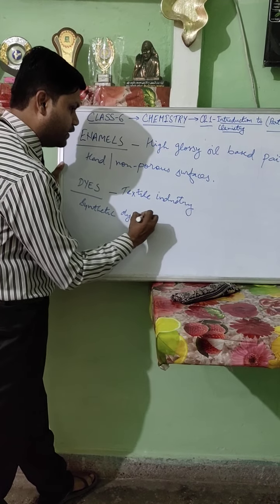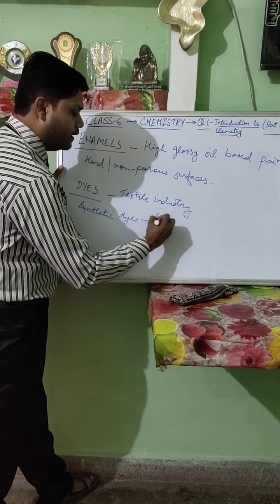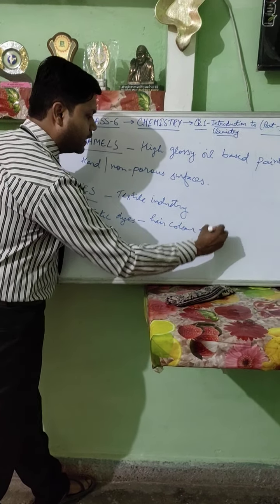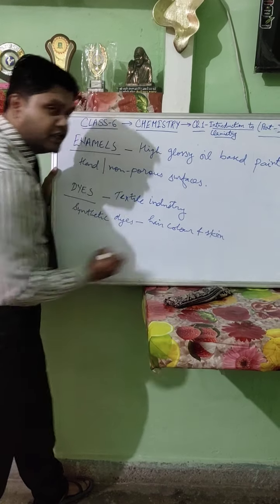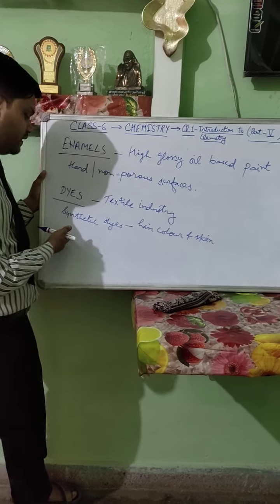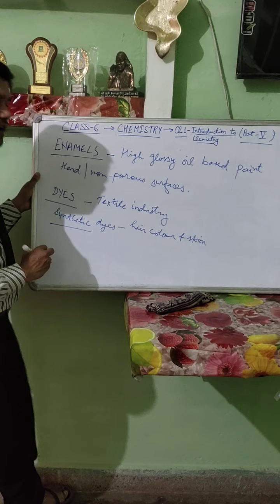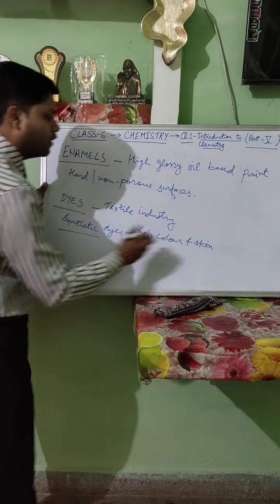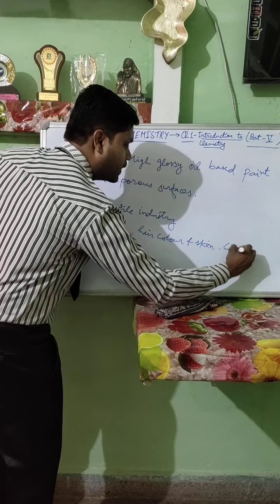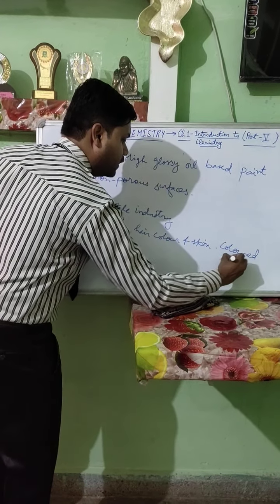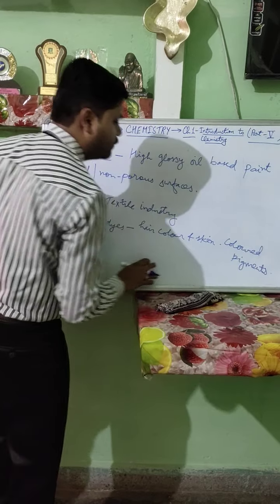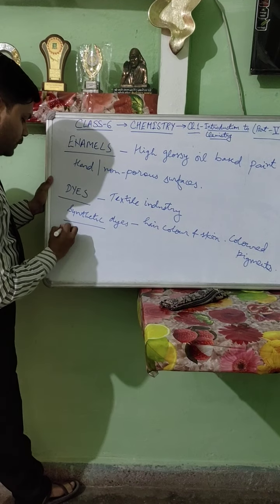Synthetic dyes we use for hair color, for coloring of skin, and for bleaching purposes. These are also made from colored pigments only. Whatever color we want to provide, the same colored pigments we will use.